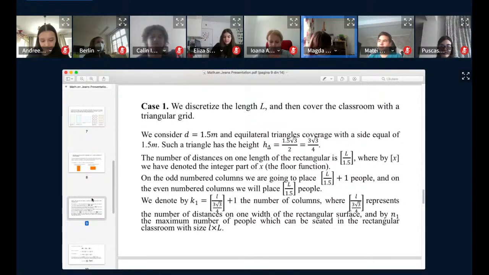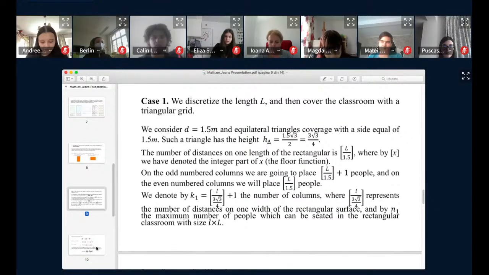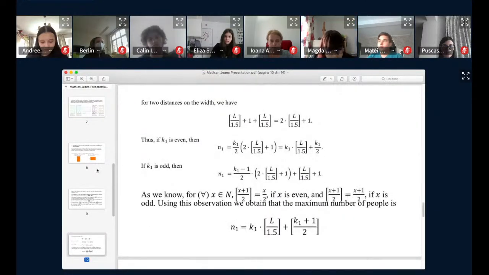As you can see on the screen, we have denoted by K1 the number of columns, and by N1 the maximum number of people which can be seated in the rectangular classroom with the size small l and big L. Depending on the parity of K1, we get two different formulas for the maximum number of people N1.